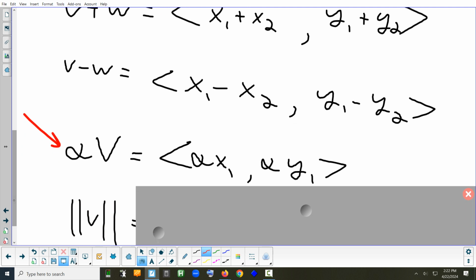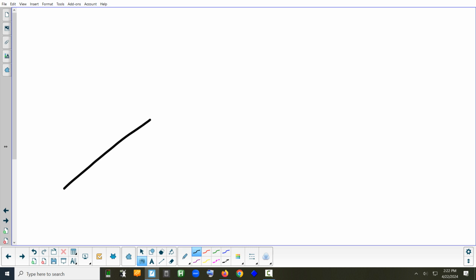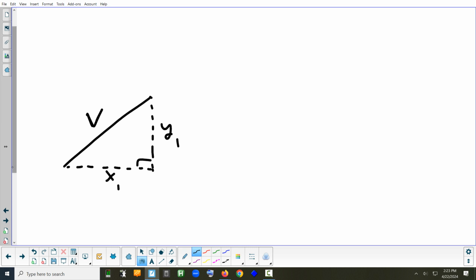And what about this? Double bars around a vector. What does that mean? Magnitude. It means magnitude. And if this is your vector, and this is x1, and this is y1, the horizontal and the vertical, what theorem did we say you can use? Pythagorean. Yep. So what is the Pythagorean theorem?